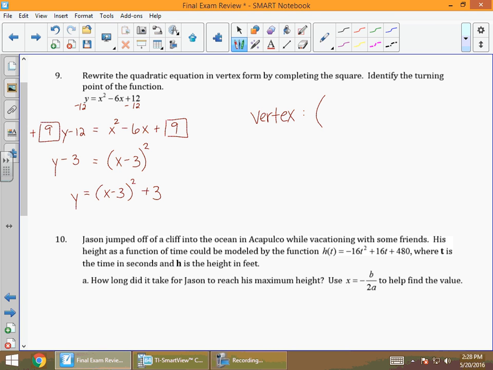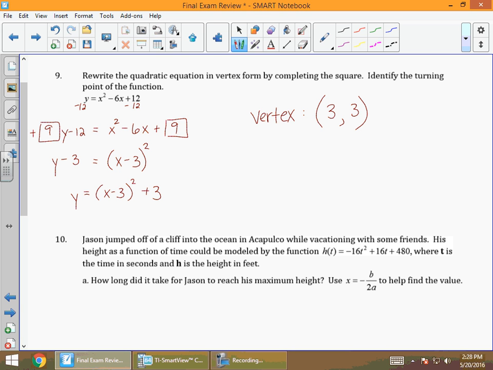It says x minus 3. Remember, the parentheses make you believe lies. The parentheses are absolutely lying to you. So make sure that you plug in a positive 3 here instead of the minus 3. And then the y-coordinate is the number on the outside, and it is not lying to you.